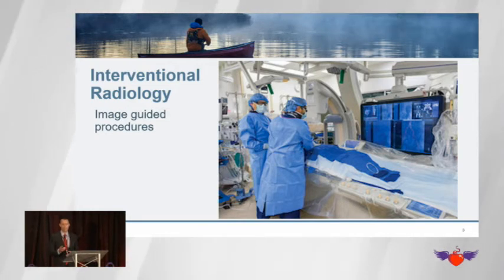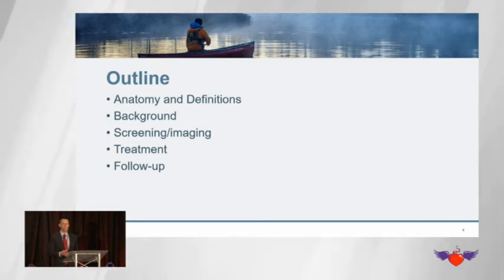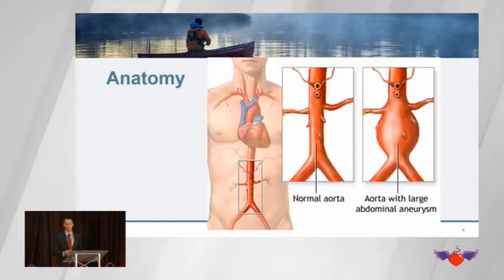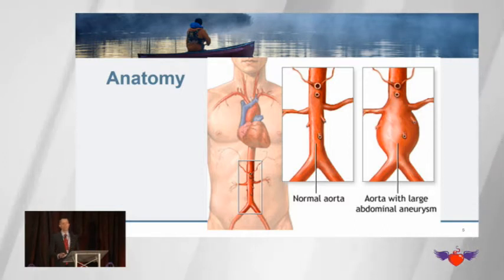Now that that's out of the way, here's a little roadmap of what I'll be talking about today with respect to abdominal aortic aneurysms, also known as AAA. First, some anatomy. I know there was already an aortic talk which I wasn't able to attend, but we have blood vessels in our body, the tubes that carry the blood, the arteries carrying that oxygen-rich blood away from the heart, and the veins carrying it back to the heart.